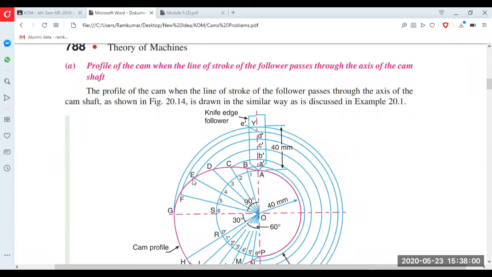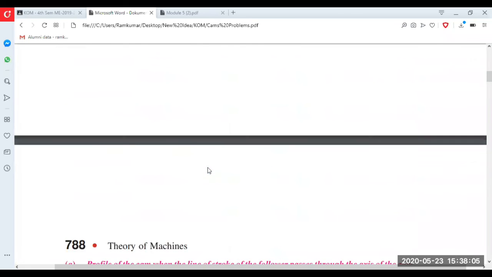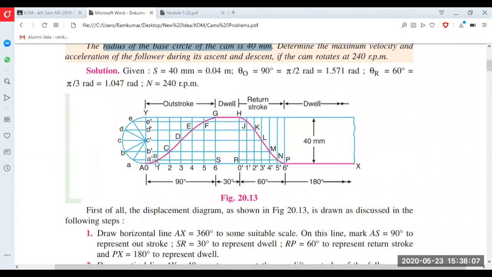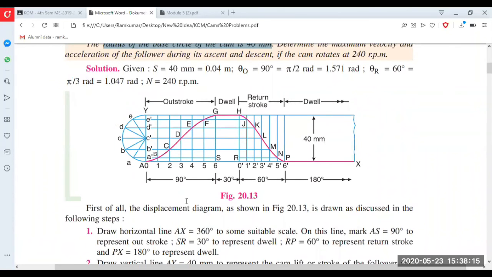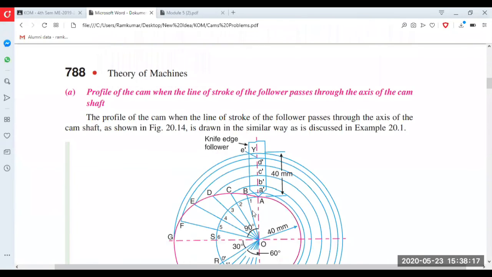So you draw radial lines. Next you measure this distance: 1 to B, 2 to C, 3 to D, 4 to E, 5 to F, 6 to G. All these values we have to take from the 40 mm base circle. From 1 to B, you cut the arc.